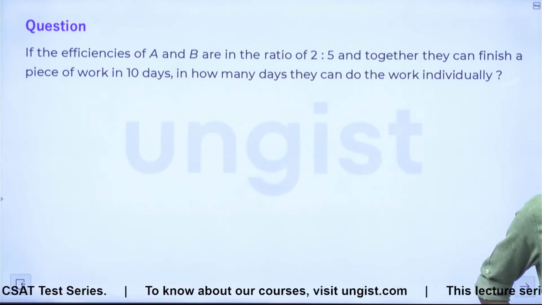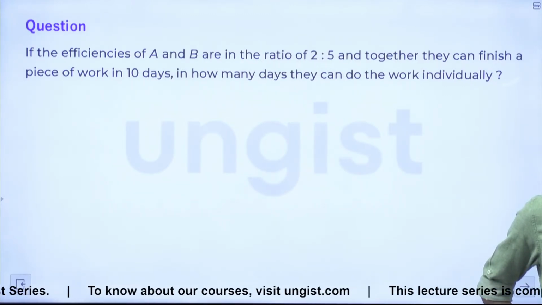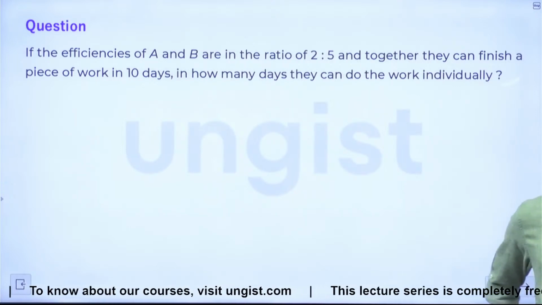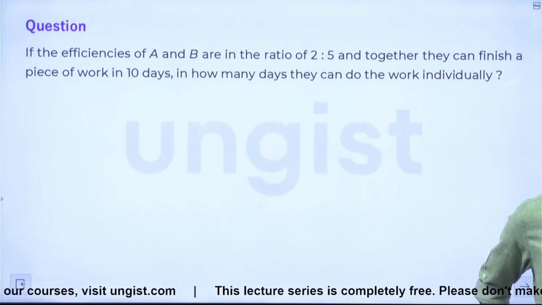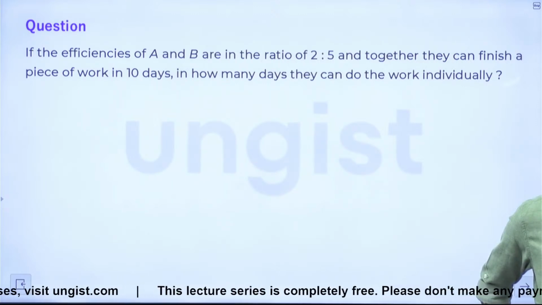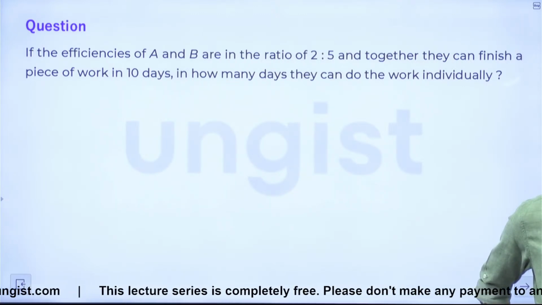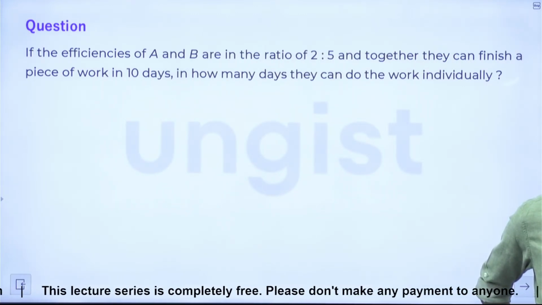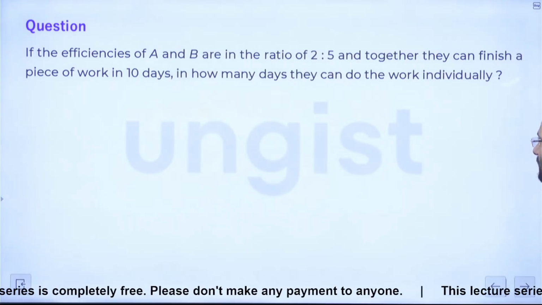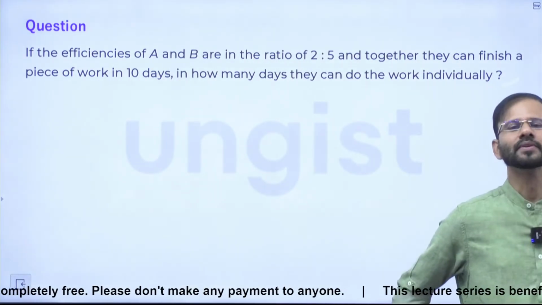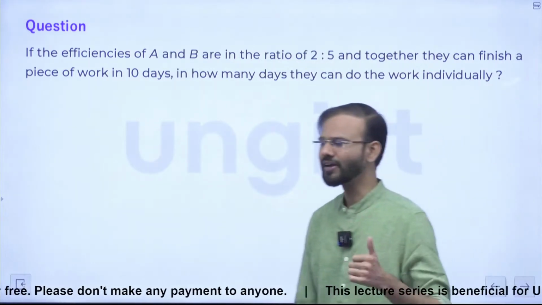Don't write anything, guys. B will be 14 and A will be 35. Very good. Guys, this is 35 and 14.